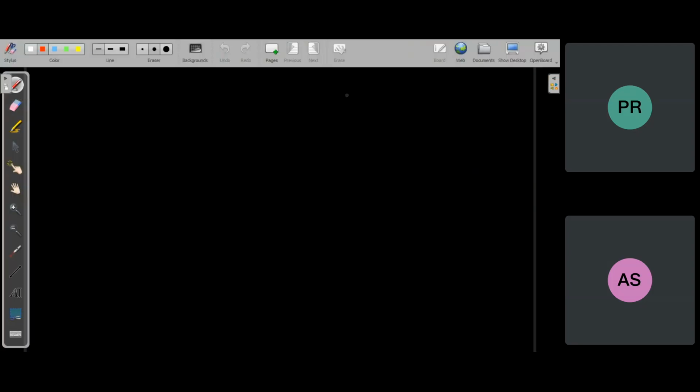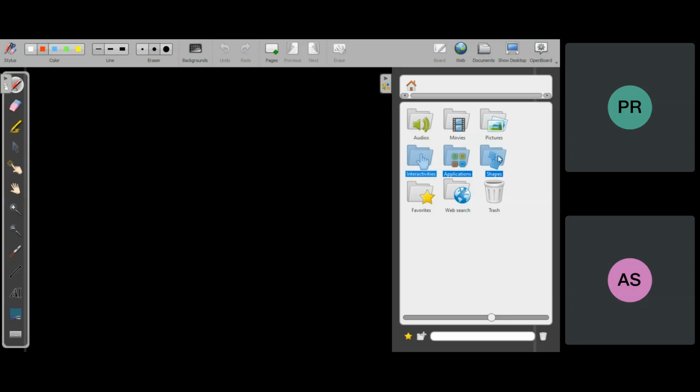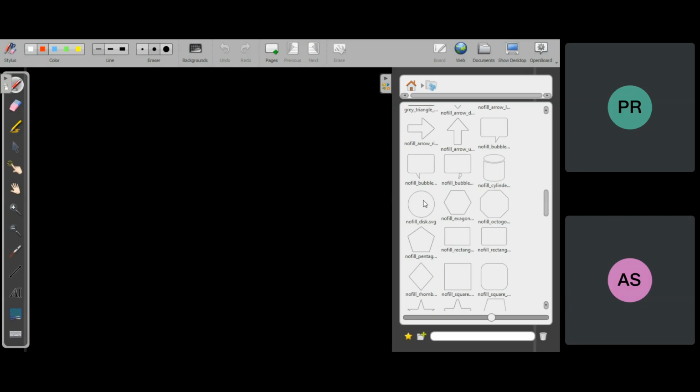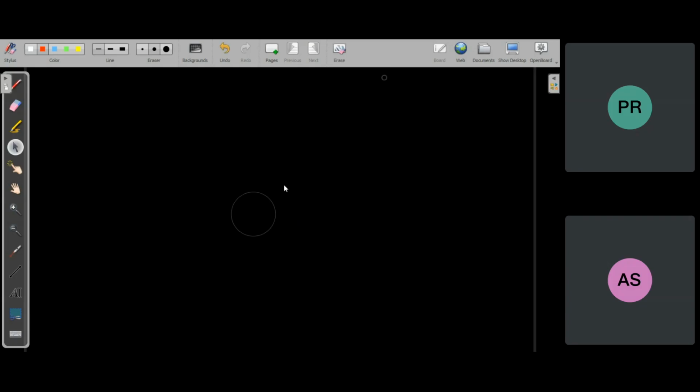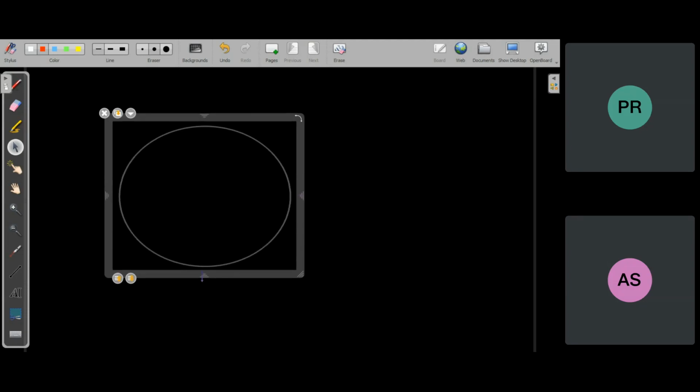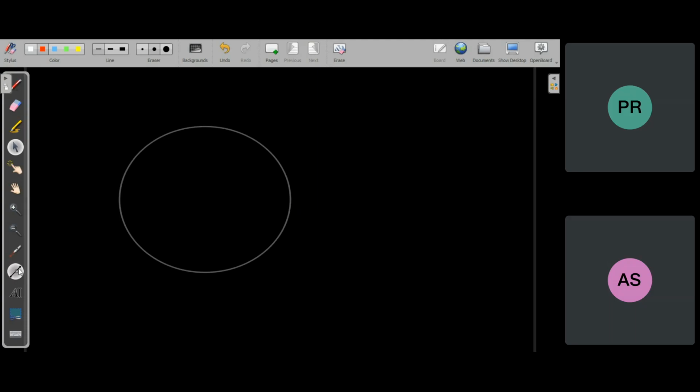For example, if a body is moving in a circle, can you see this diagram? Yes, sir. First of all, you have to understand what angular velocity is. Angular velocity is simply the rate at which angular position is changing.